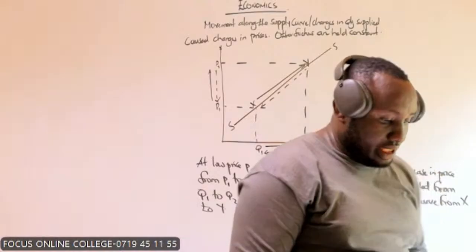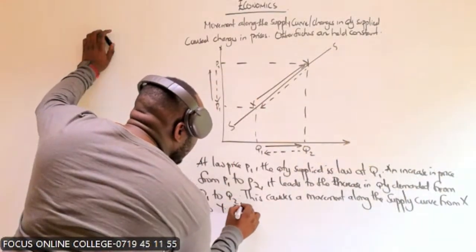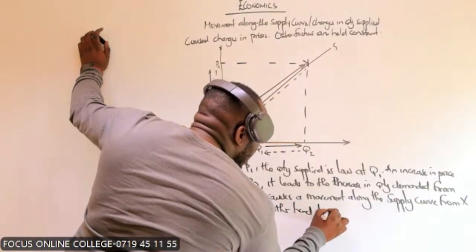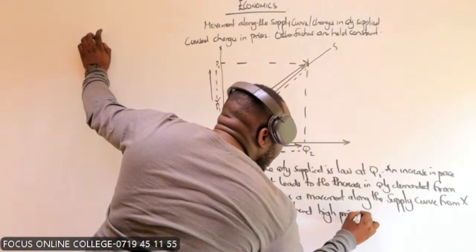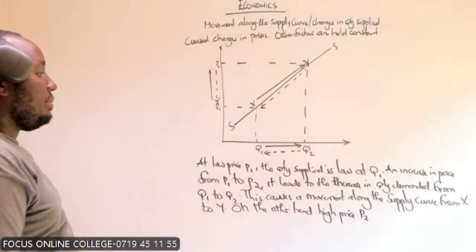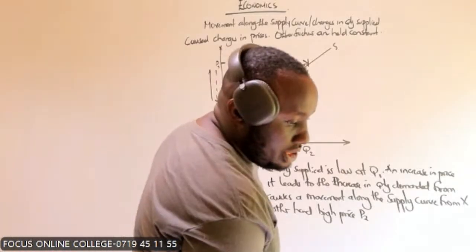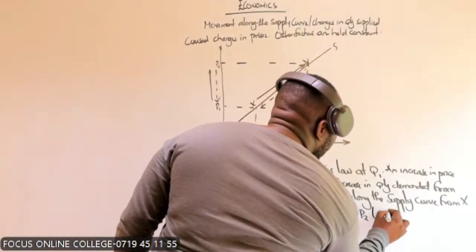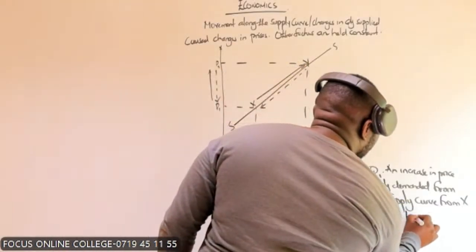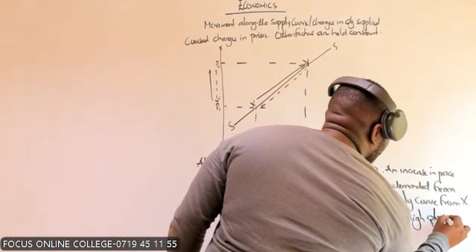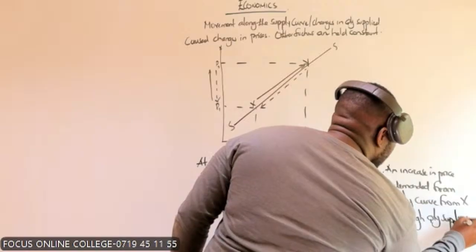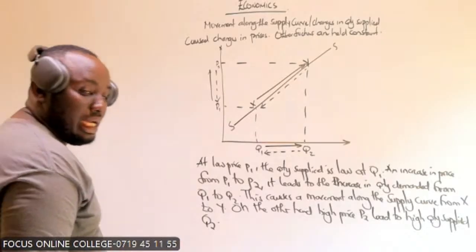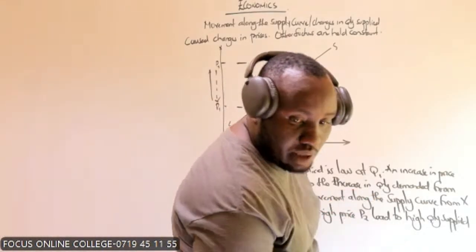On the other hand, a high price P2 leads to a high quantity supplied, Q2.